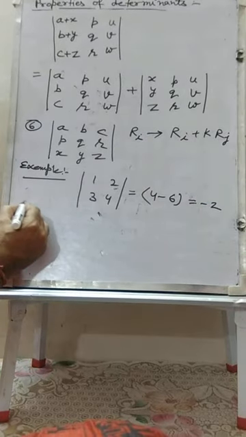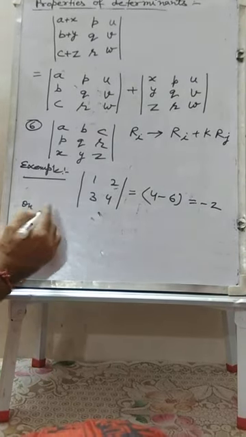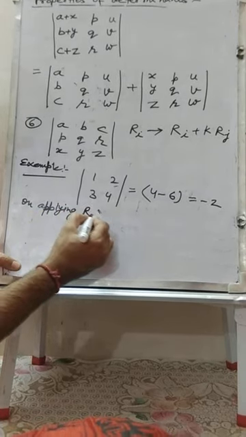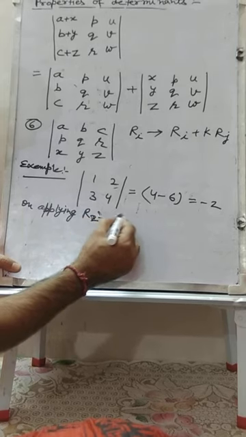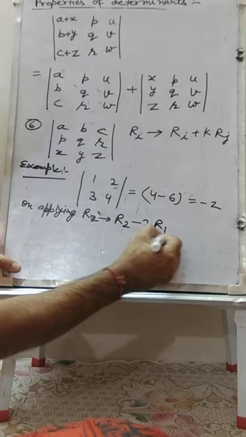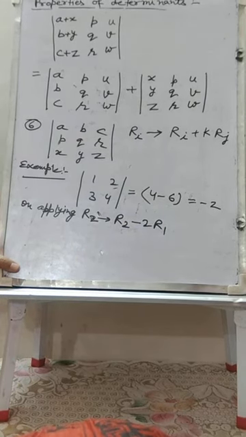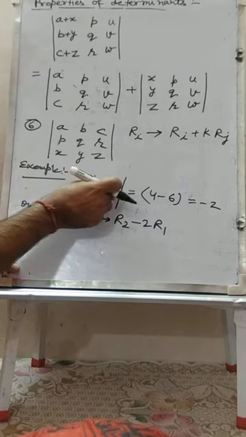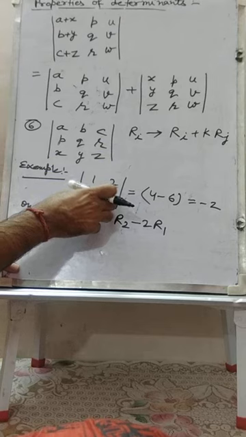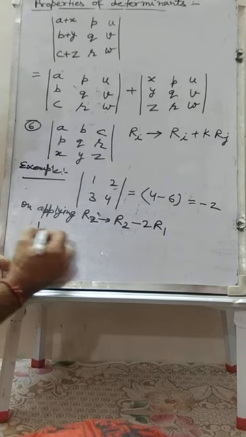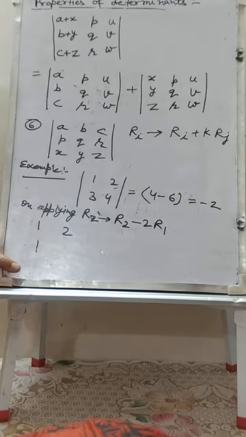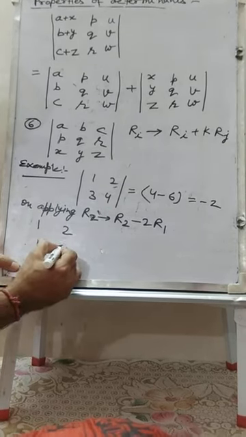Now I am applying R2 as R2 minus 2R1. So what I am doing here: the elements of R1 are first multiplied by minus 2, then added to R2. In this way, the new determinant will be 1, 2, then 3 minus 2 that is 1, 4 minus 4 that is 0.